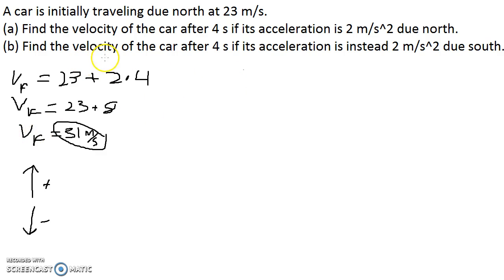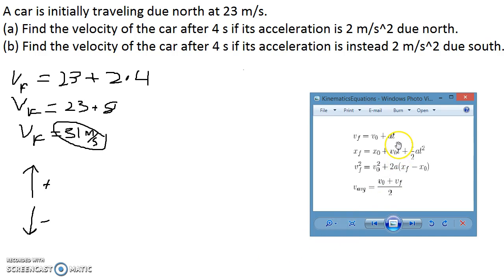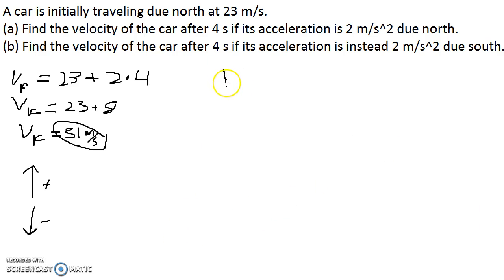Next off, we have the same problem essentially, except in this case, the acceleration is the opposite direction. So if we look at our formulas again, we see that it does appear we can use the same formula, but we're just going to have to be very careful about signs. So let's go ahead and start that.